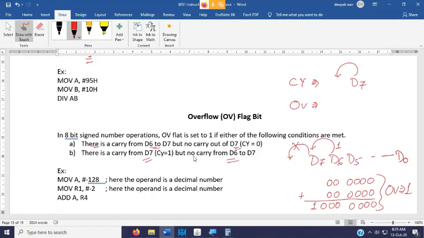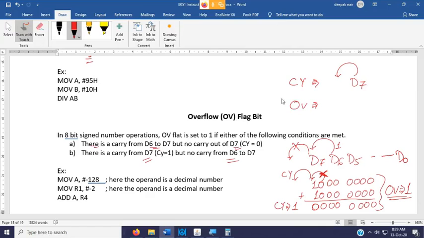For second condition we have a number something like this, where there is no carry from d6 to d7, but there is a carry which will generate from d7 to higher bit, so it will become 0. So the accumulator will contain 0 and carry flag will be 1. In this case overflow flag still will be 1.